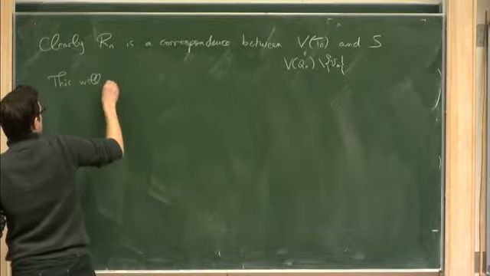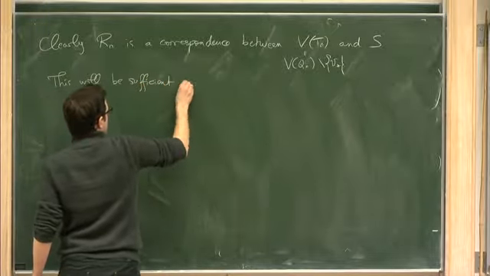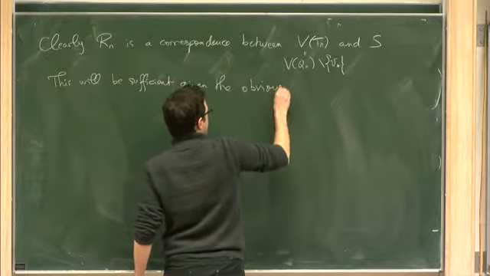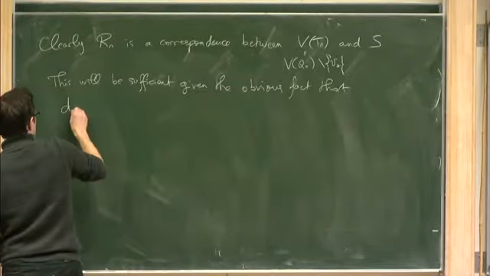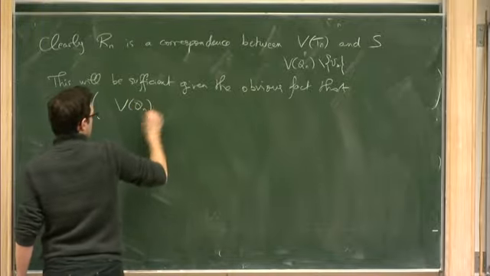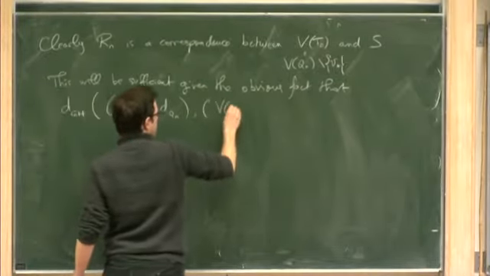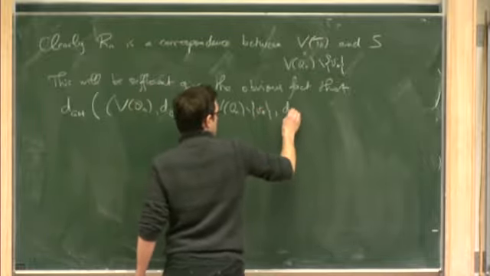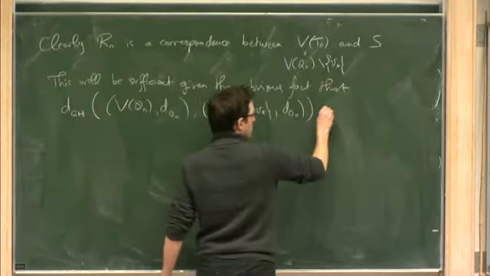This will be sufficient, given the obvious fact that the Gromov-Hausdorff distance between the set V of Qn with the graph distance and the subset V of Qn minus v star with the graph distance is at most 1.